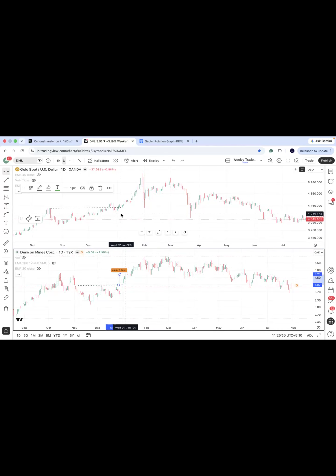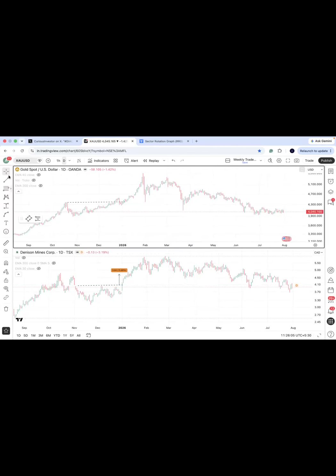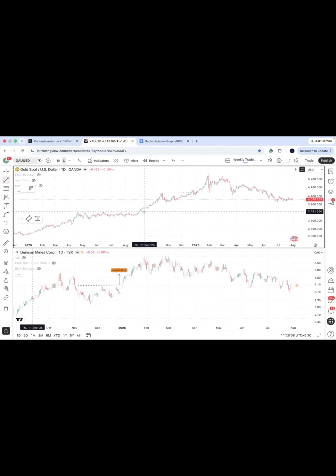So if you have a basic understanding, or you are tracking the mining stocks, you understand what is going on in this sector. The mining stocks started breaking out first, where informed participants would have an understanding of how gold prices will move, and then gold finally broke out from 4,500 and went till 5,500 currently. Right now, on the daily chart of gold, many people are saying that a level of around 3,200 or 3,000 can come.